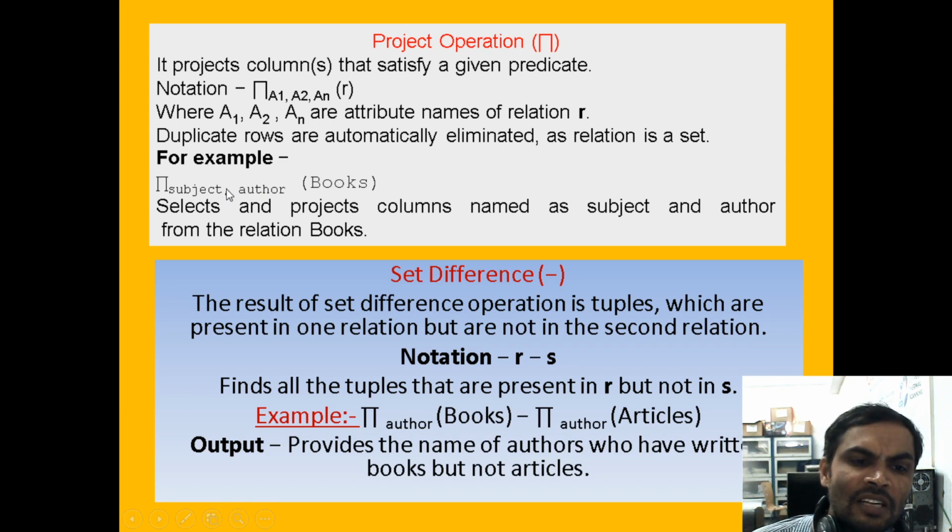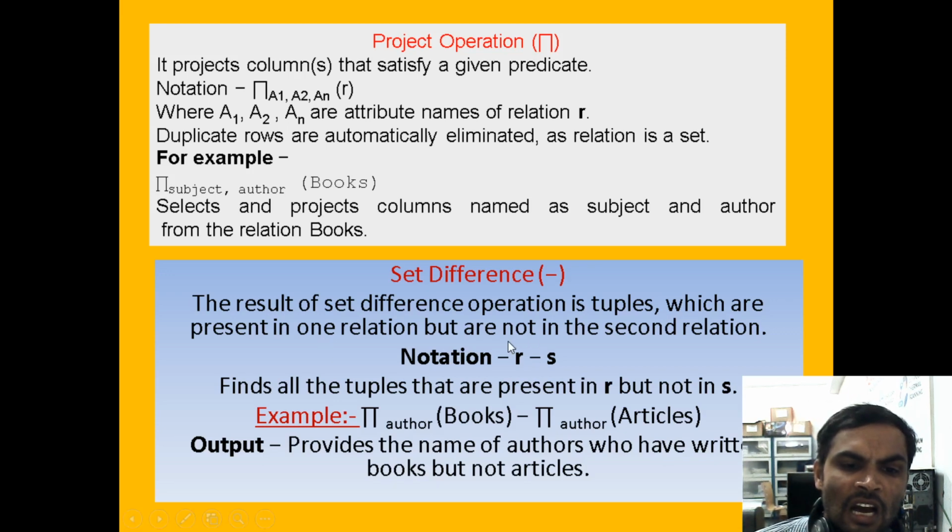Now coming to one more operator, the set difference. We use set difference when we want to find the difference between two relations. The result of the set difference operator is the tuples that are present in one relation but not in the second relation.